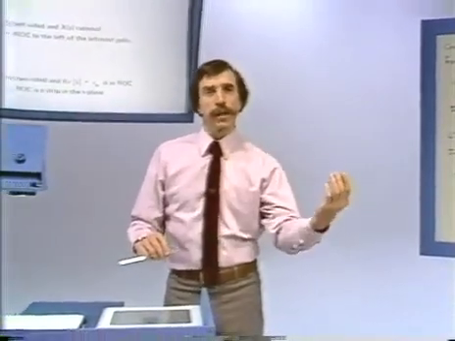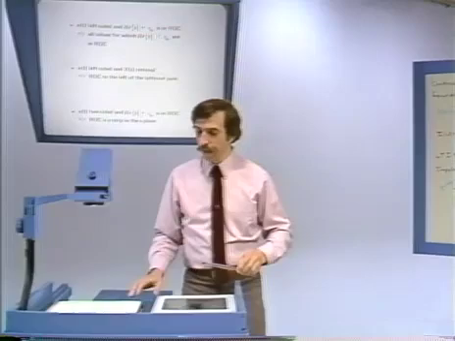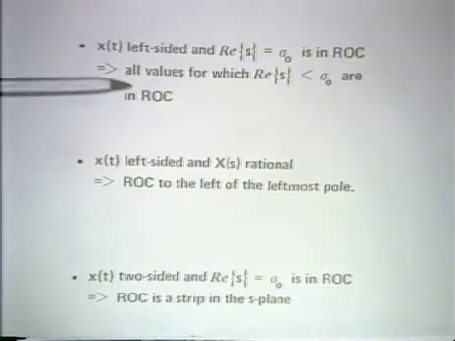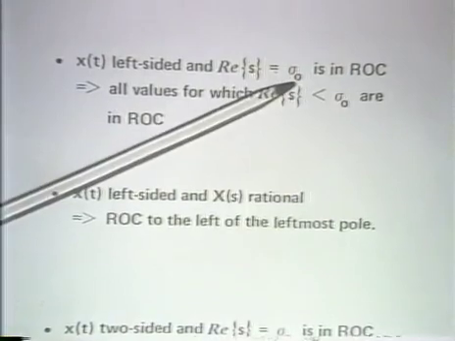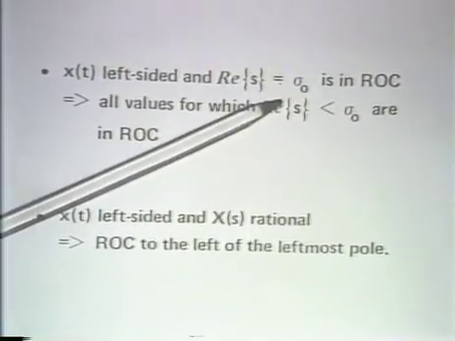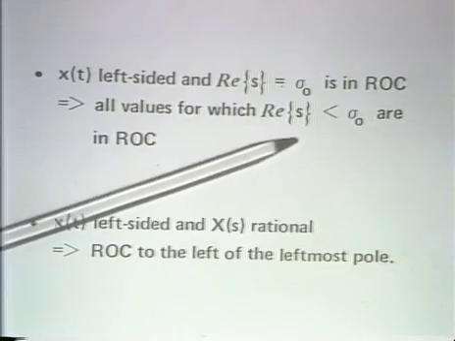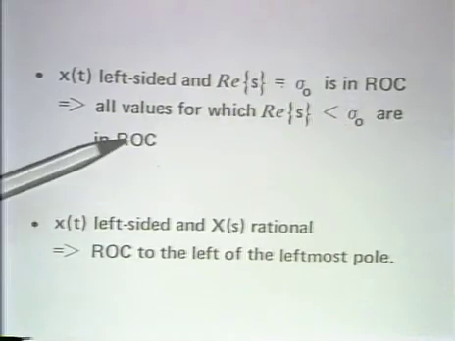You might have to think through that a little bit, but it's exactly the flip side of the argument for right-sided signals. And the conclusion then is that if we have a left-sided signal and a value of the real part of S which is in the region of convergence, then in fact all values to the left of that point in the S-plane will also be in the region of convergence.